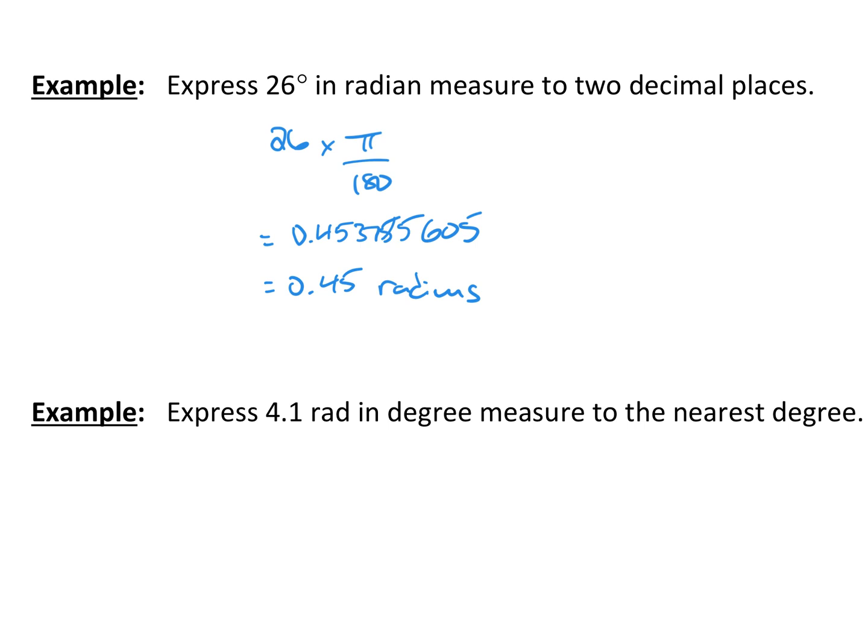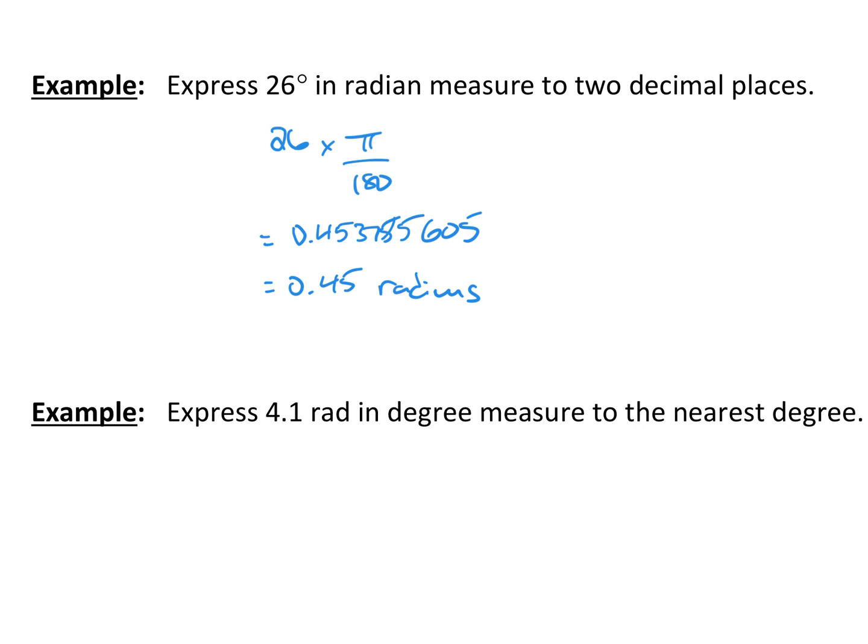But you need to know both ways. This way is no different, except we're plugging in 3.1415926 and so on for pi. That's all we're doing.